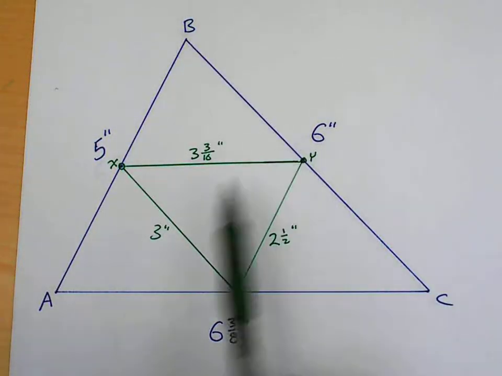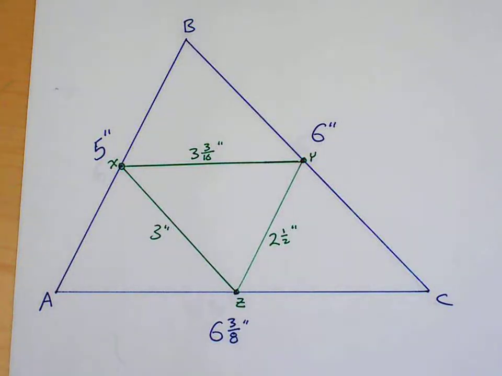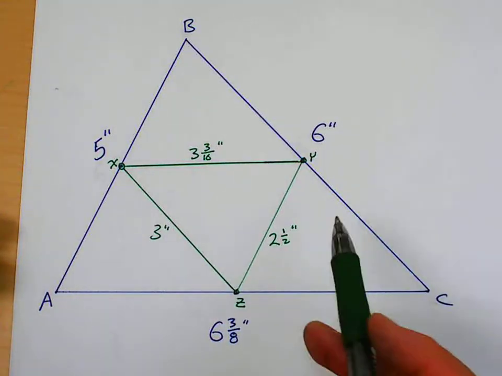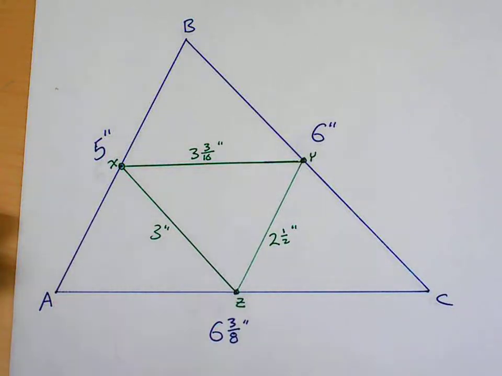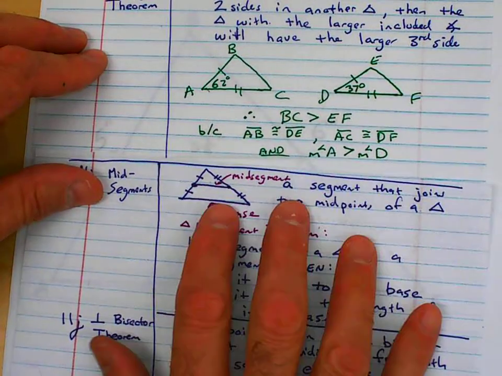Half of 6 is 3. So those rules of being half its base and parallel to it seem to hold. And hopefully you can wrap your mind around both of those theorems, the Hinge theorem and the mid-segments theorem, a little more easily after seeing us dissecting that and seeing what happens there.